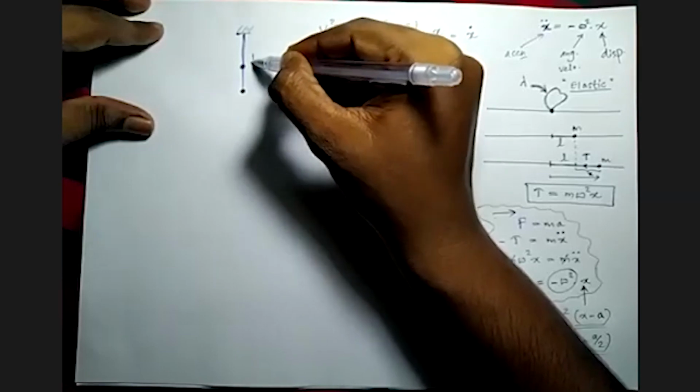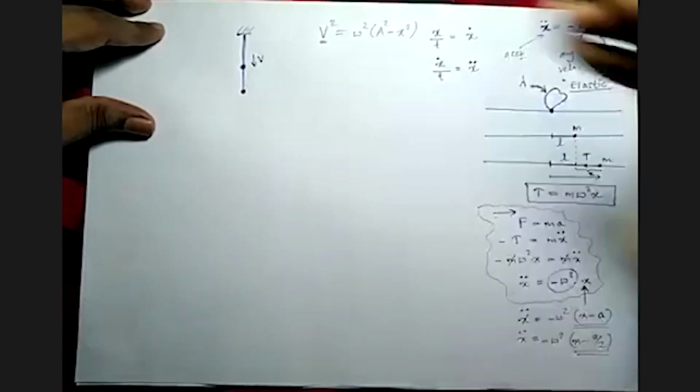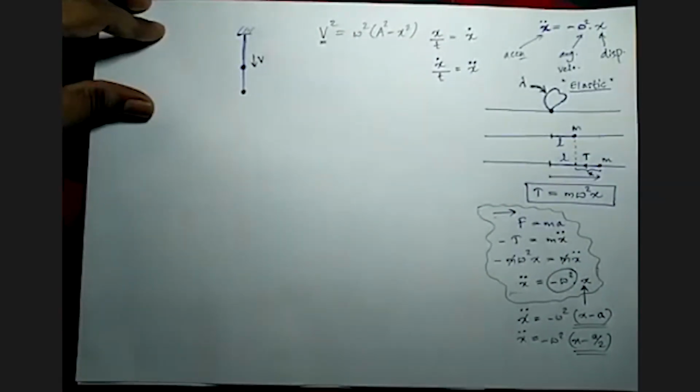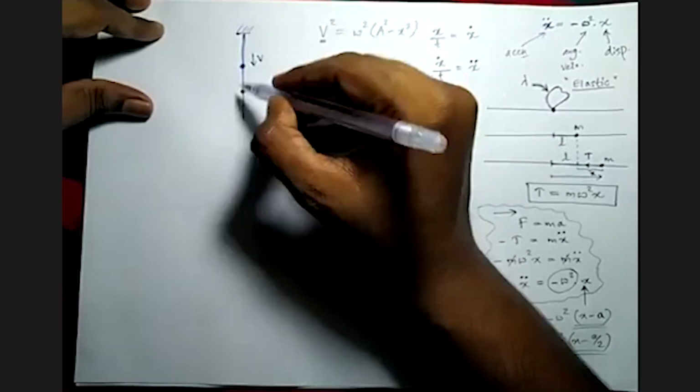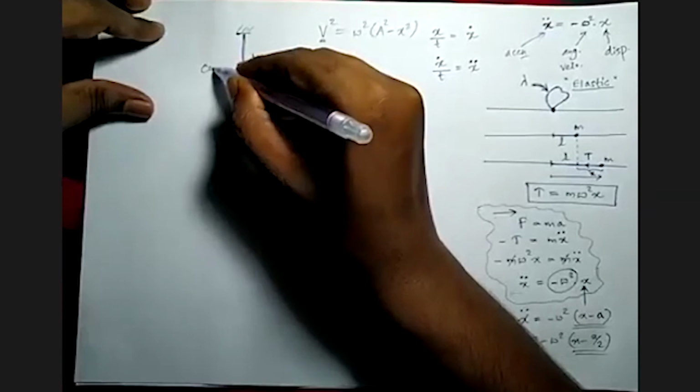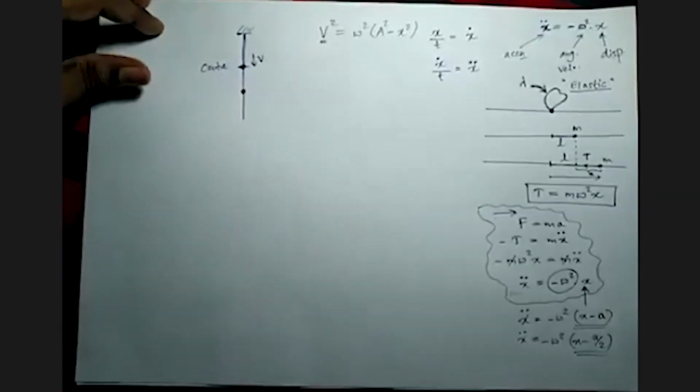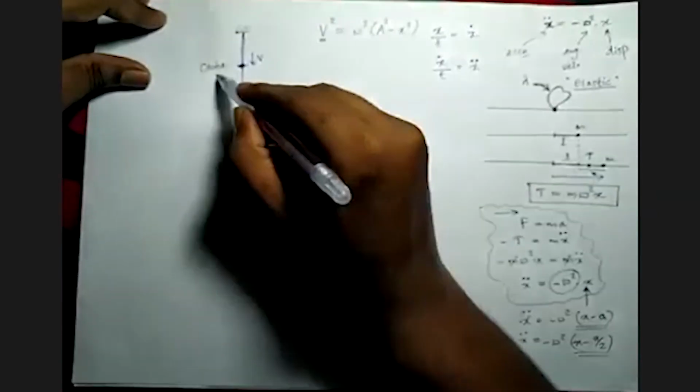At this location, we know the velocity of the particle as v. Then this is the center of the simple harmonic motion.